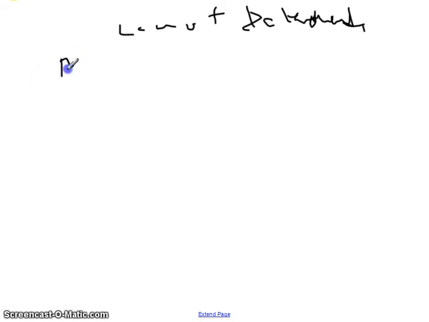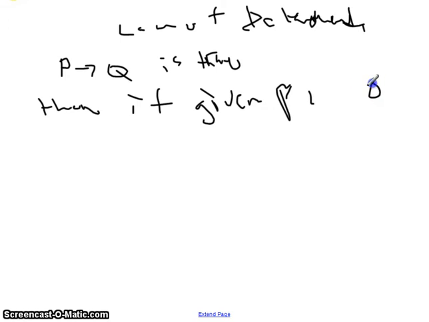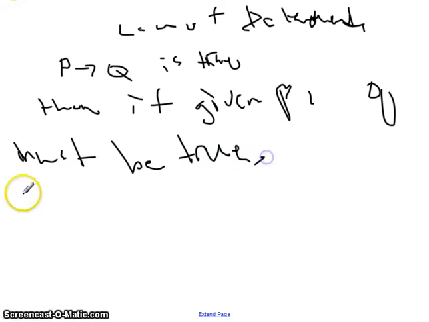Remember, law of detachment says if P implies Q is true, then if given P, Q must be true. Okay, so that looks pretty good on that one.